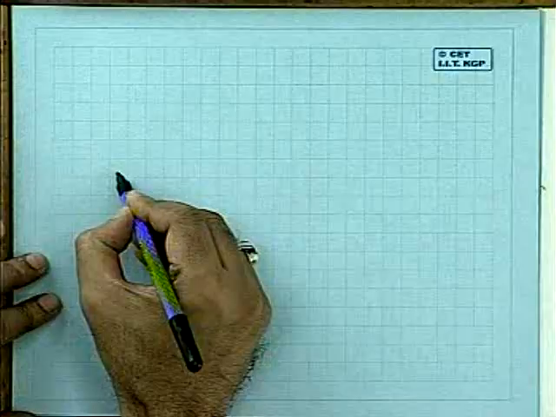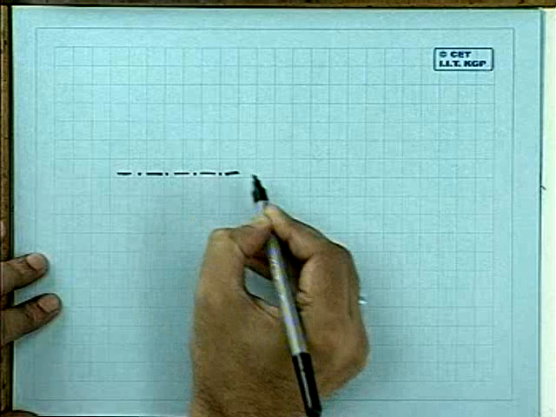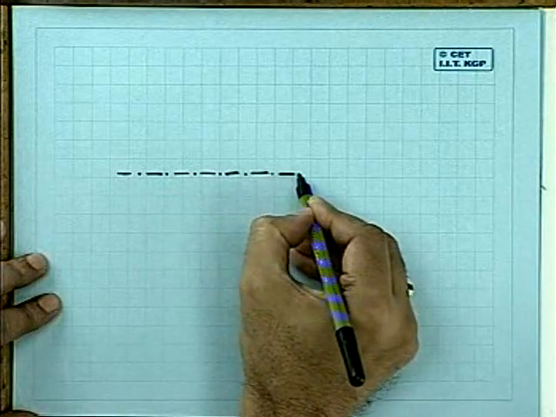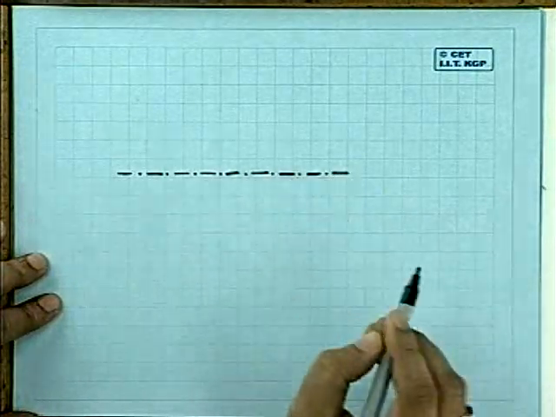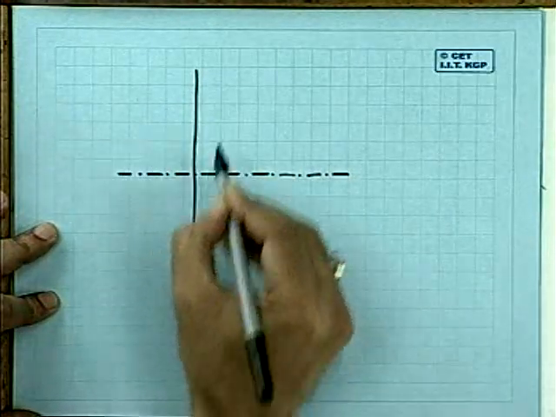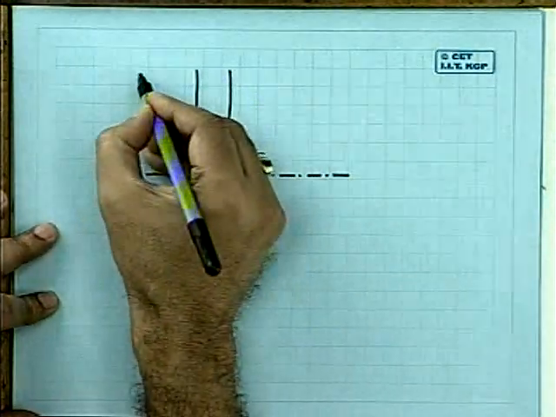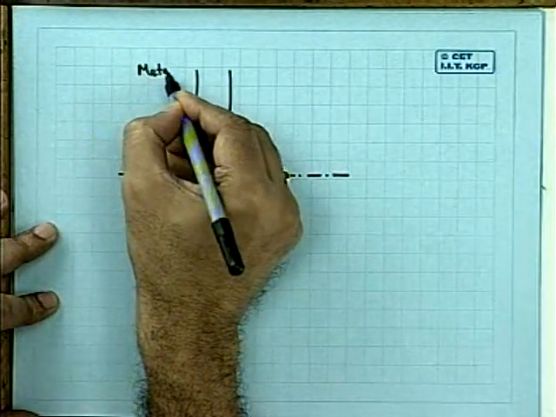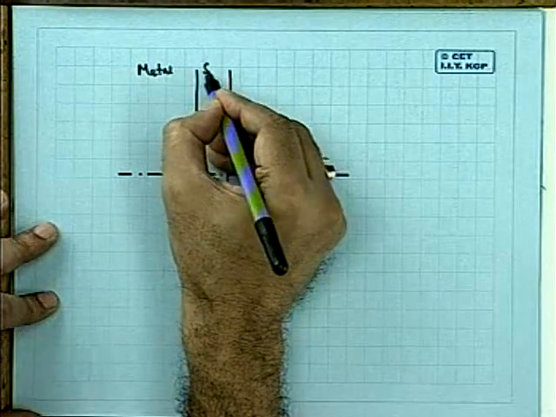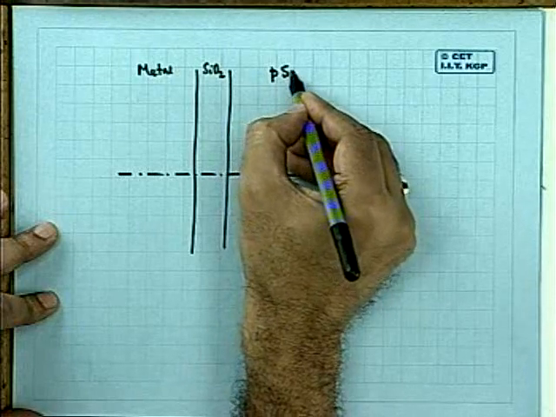When you form this MOS capacitor, the Fermi level becomes continuous. Okay, and this is your metal side, and this is your semiconductor side. So this is metal, this is oxide, and this is semiconductor.